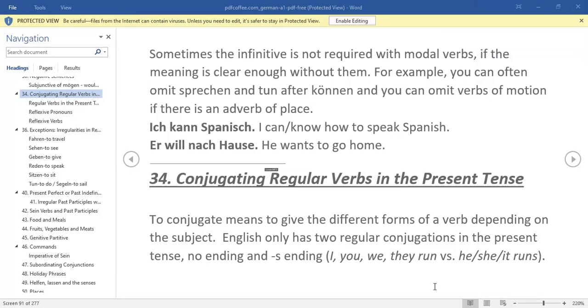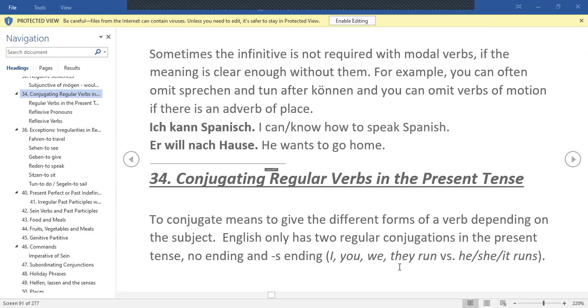So what I can say about this is, in German, for you to be able to use a verb, this is where the conjugation comes in. The conjugation gives the word the different form of our verb depending on the subject. So we have the subjects here written in English. The first one is I, then we have you, we, and they.